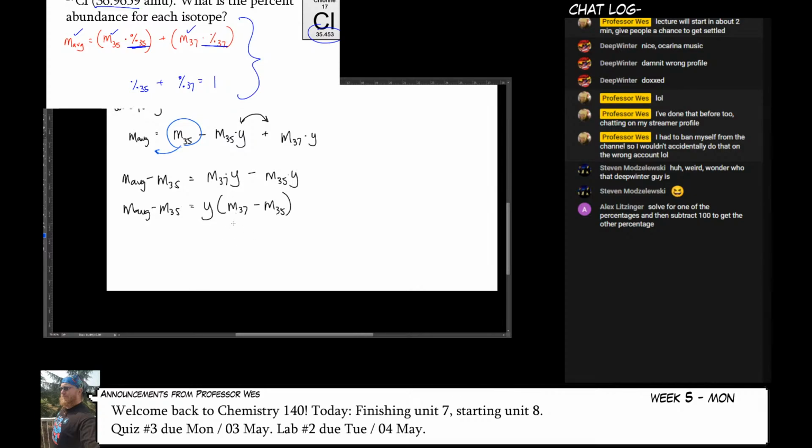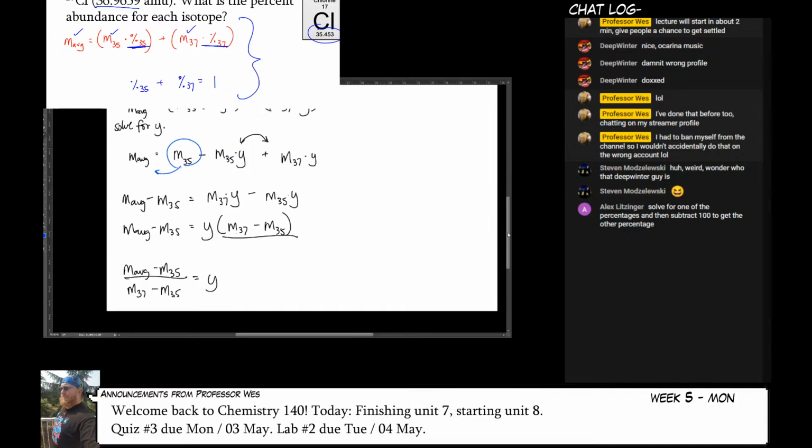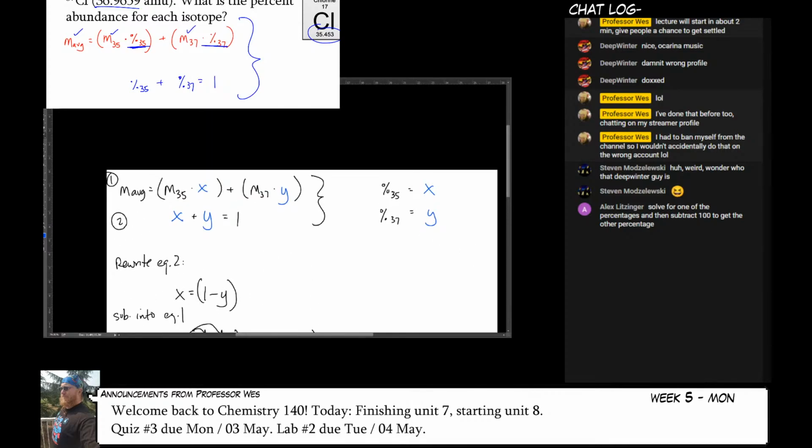And then finally, I can solve for y by dividing by this part, right? So there you go. That's what y will be. And remember that y is equal to the percentage of isotope chlorine-37.